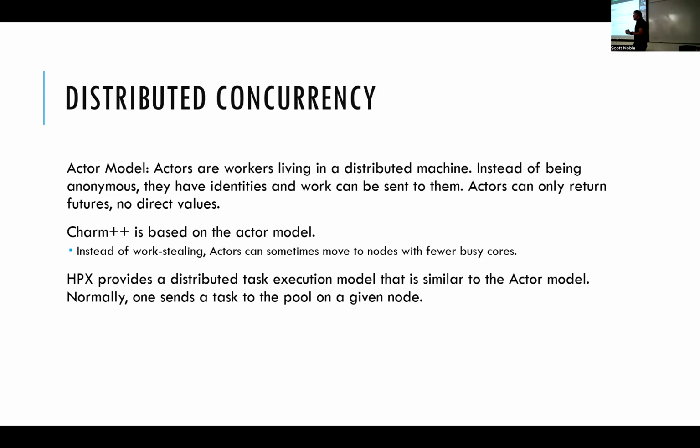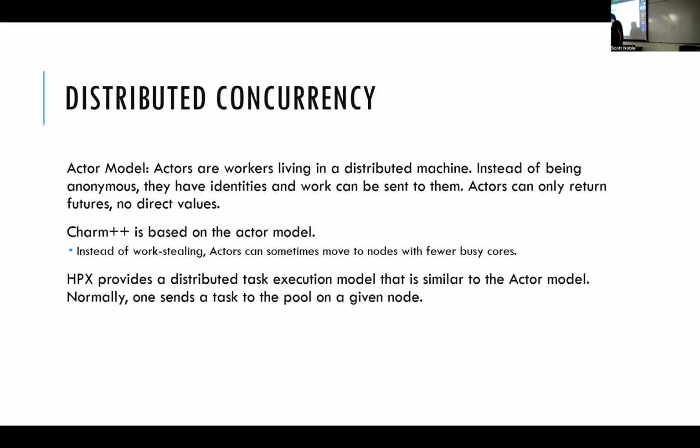So I can say, hey, I want to run this task on that node over there, and you can do it that way. If the actor wants to return a value, it has to return a future or a callback of some kind, and not direct values, because that's just not the way the paradigm works.